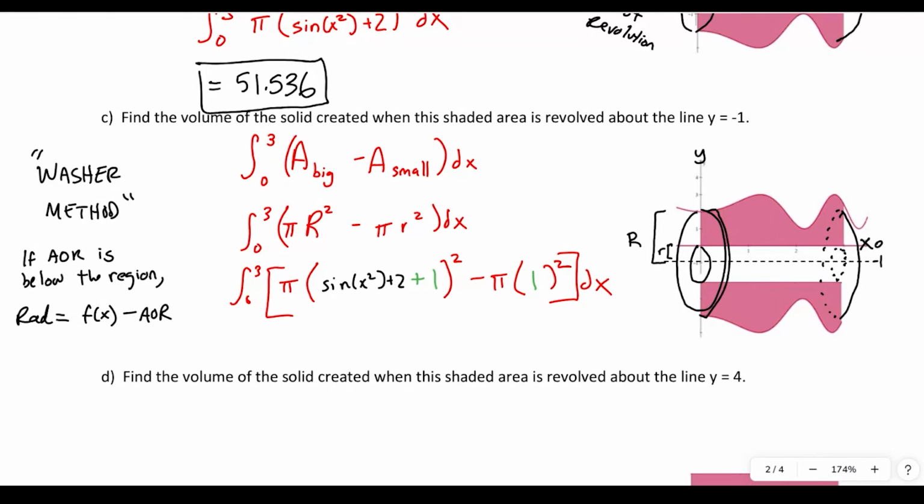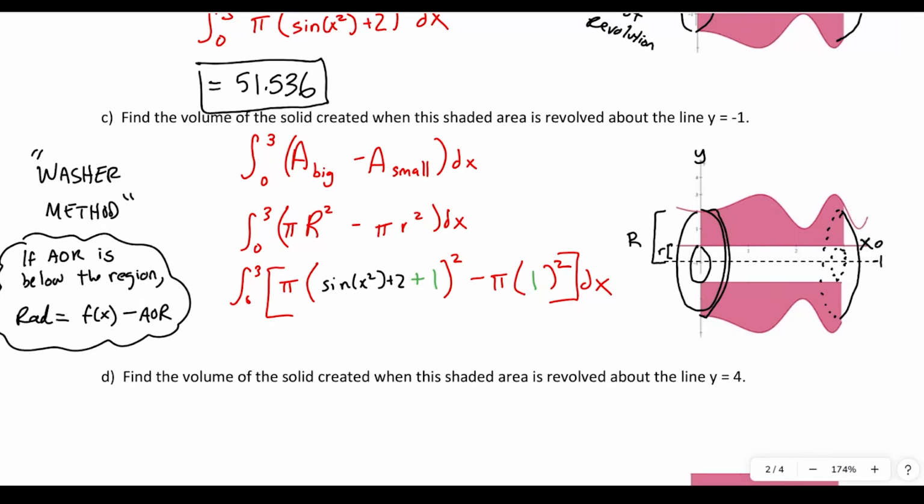So in this case, it's the function. I know it looks like plus 1, but that's because it's actually minus negative 1. A little shortcut to get there.